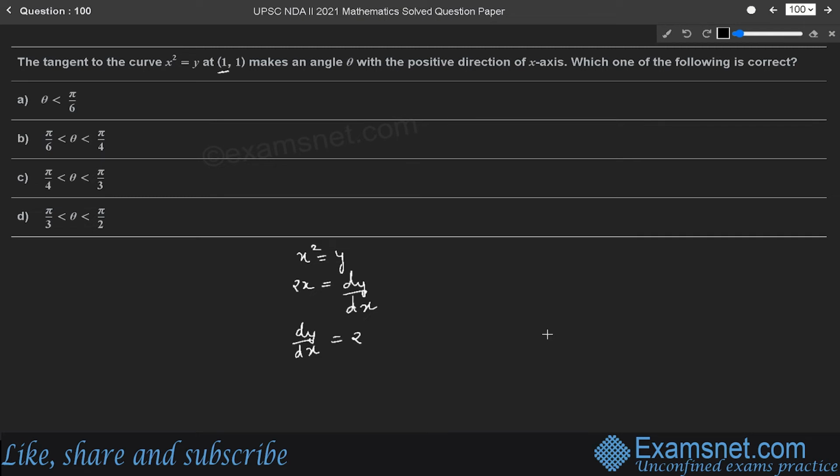And the question says that it makes an angle with the positive direction of x-axis. We know that the slope with positive direction of x-axis is equal to tan theta. So it will be equal to tan theta. Now we have to find for what value of tan theta we will get 2.